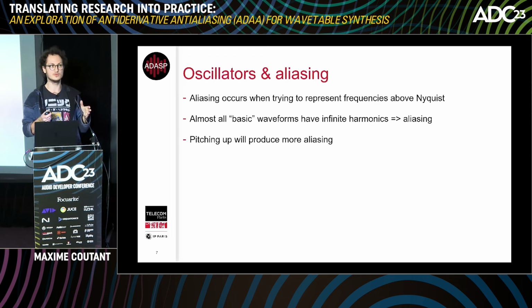But even if you use a waveform that is stored in a buffer, which by definition has a discrete number of points, so it has a discrete number of harmonics, if you pitch it up higher than the sample rate it was recorded at, some of the harmonics can go above your Nyquist frequency, and then it will introduce aliasing.